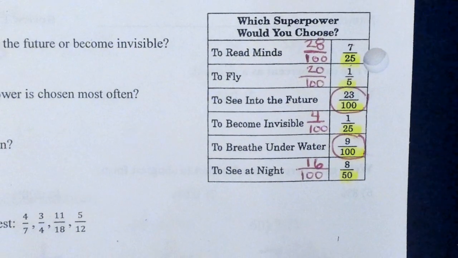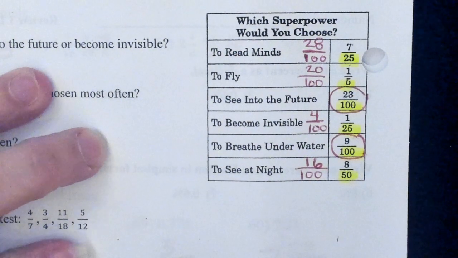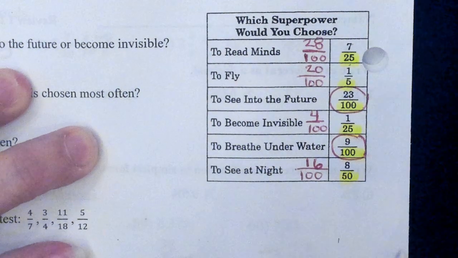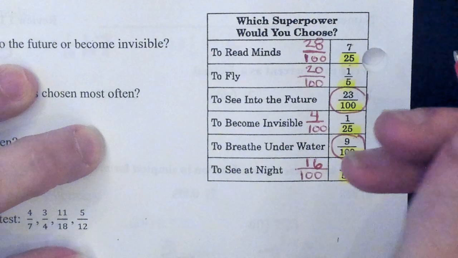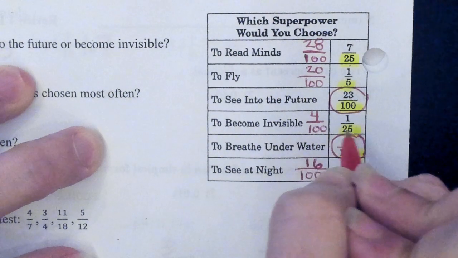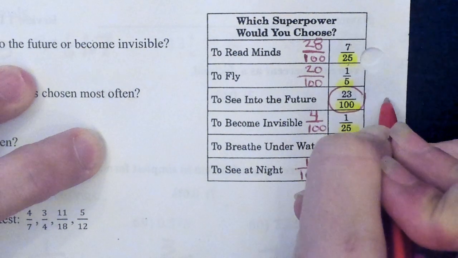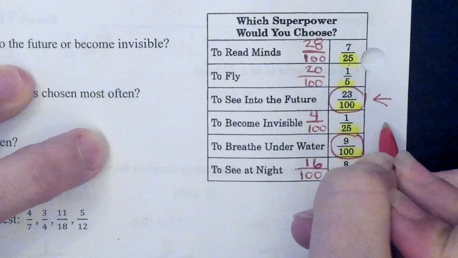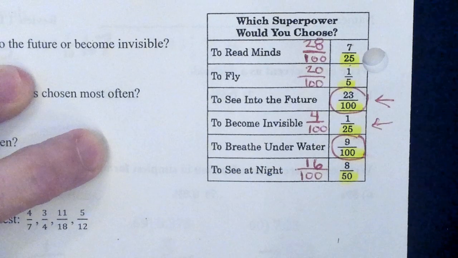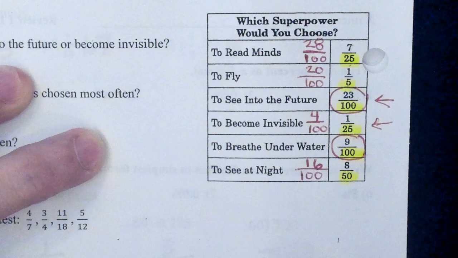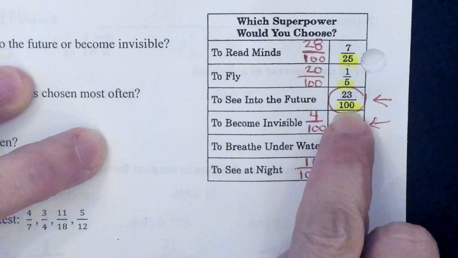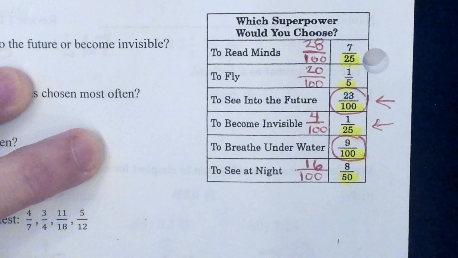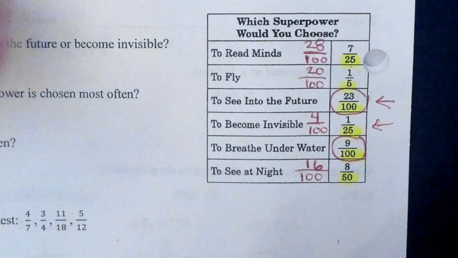Now, in the first question up here, it says, do more kids say they want to see into the future, which is this one, or become invisible, which is this one? Into the future, right, because it's 20 out of 100, 23 out of 100, the difference, the other one is 4.